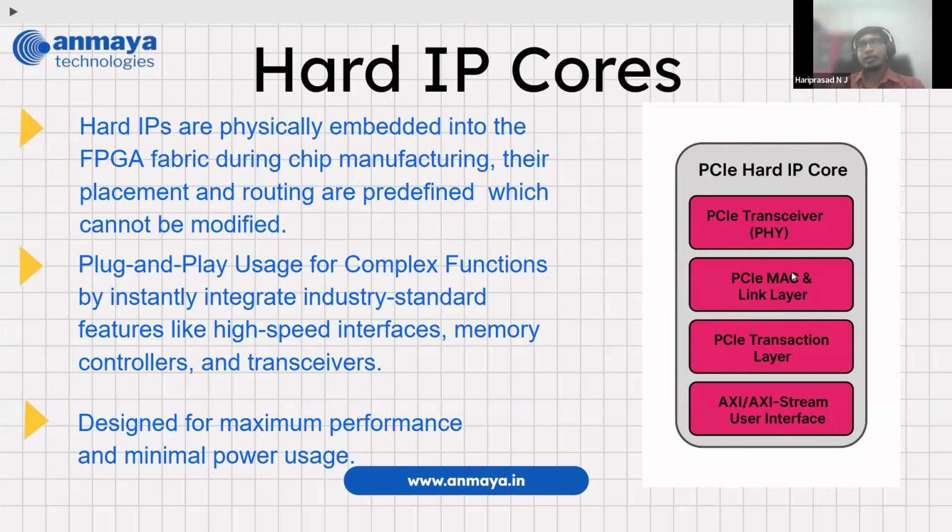In certain scenarios they keep all of these hard and give you an AXI interface. You just need to configure that hard block by giving the configuration, and you keep getting the data using AXI. Ideally, the main reason we go for hard is maximum performance and minimal power usage.